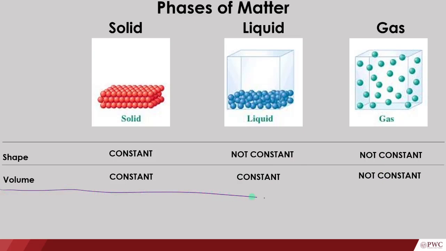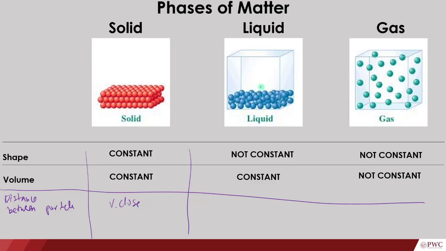Next, we'll try to compare their particle models. Let's compare them first in terms of the distance between the particles. Obviously for solids, the particles are very close to each other.